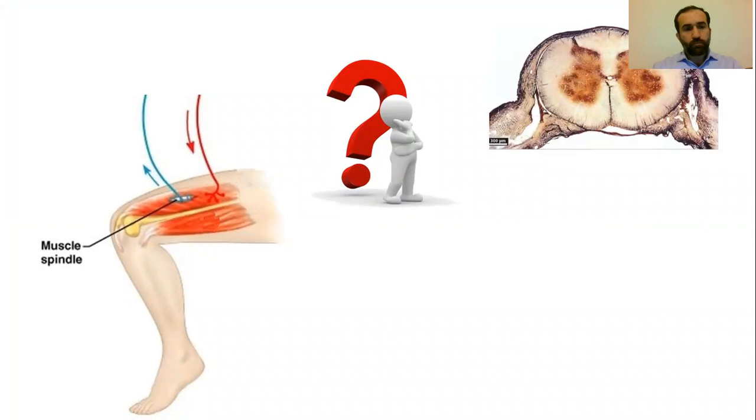And the neuromuscular spindle that is shown here inside the muscle with blue color is related to a sensory fiber, and this sensory fiber should be related to the spinal cord. Also, the muscle receives a motor message from the spinal cord by a motor fiber, which is the red one here in the figure, and by which the muscle receives the motor message and contracts in order to make extension of the leg. Now, how are the two fibers connected to the spinal cord?